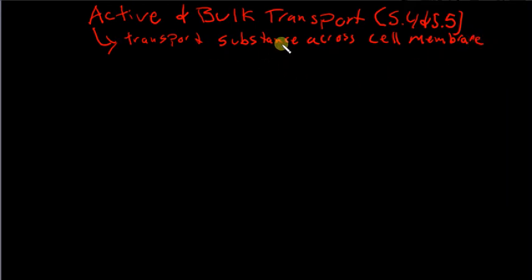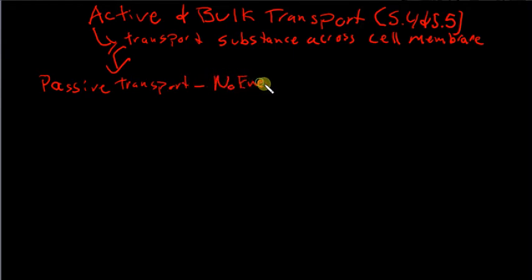So if we think about the ways we know to transport things across the cell membrane, so far we've learned about passive transport. And that takes no energy. And in our cells we use ATP for energy.